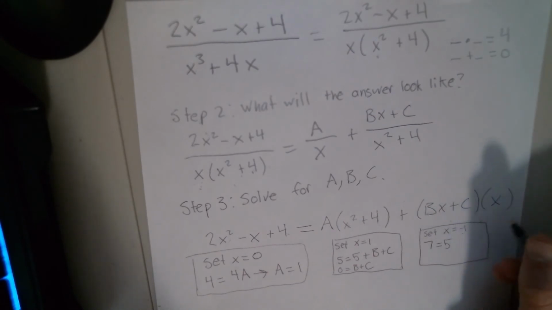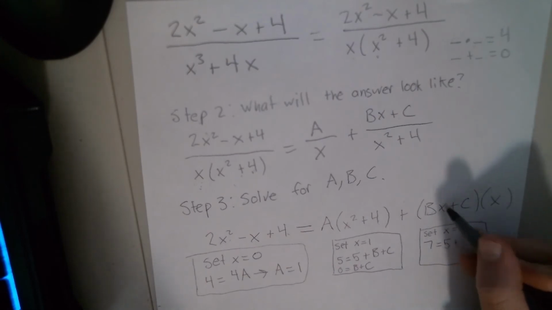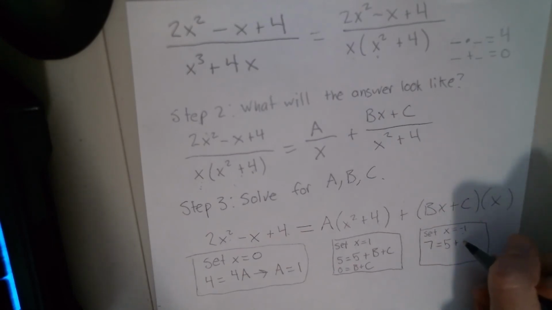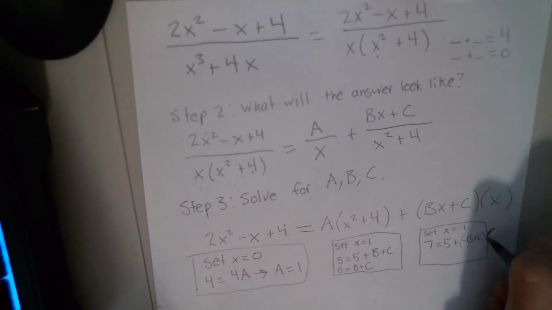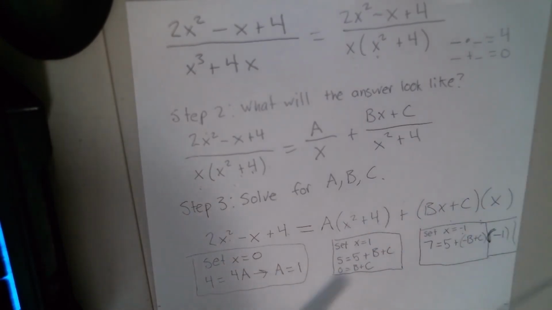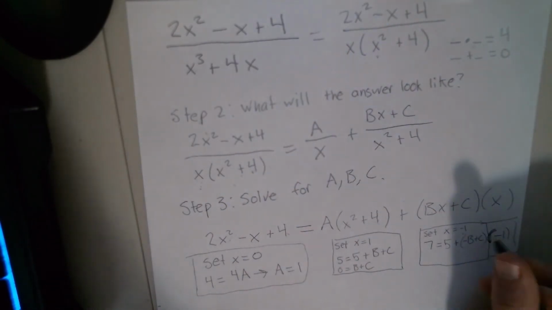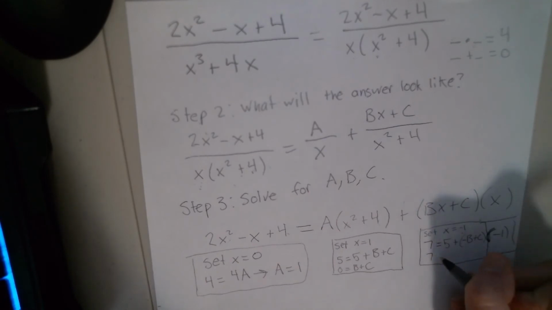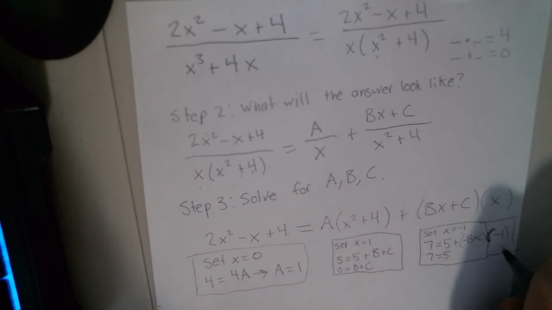And then we replace x with -1, so b times -1, we get -b plus c, and all of that, we'll extend this out a little bit, times -1. So just everywhere there's an x, I put in a -1. And what happens when I do that? I get 7 equals 5.